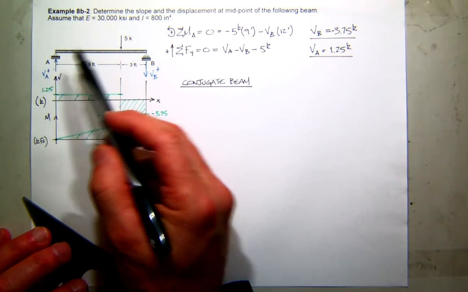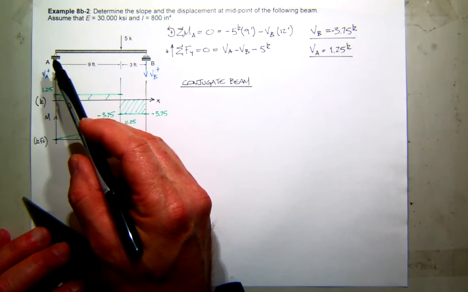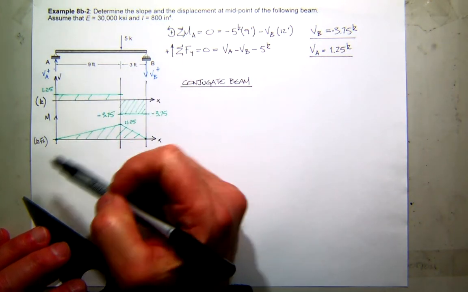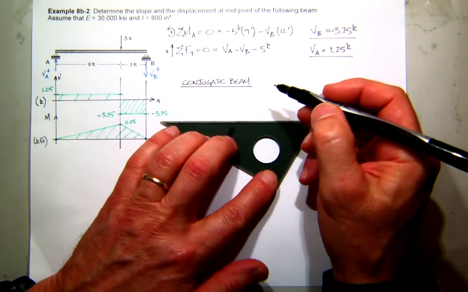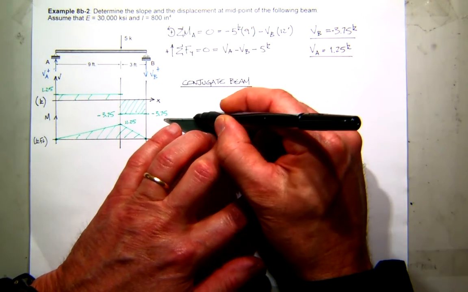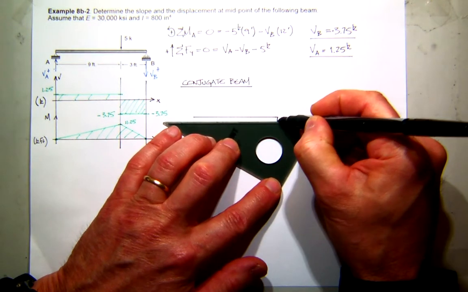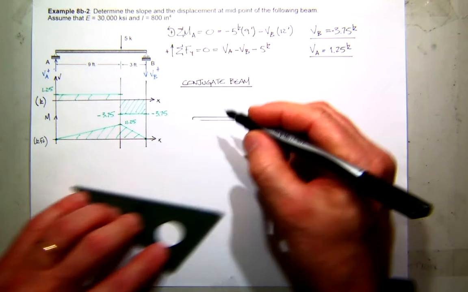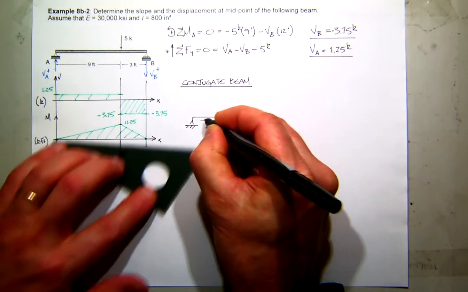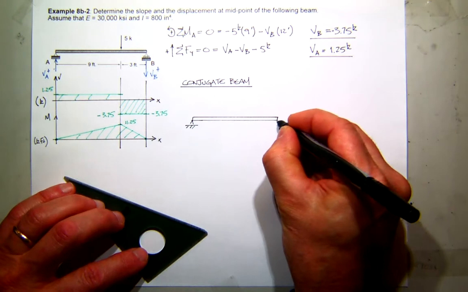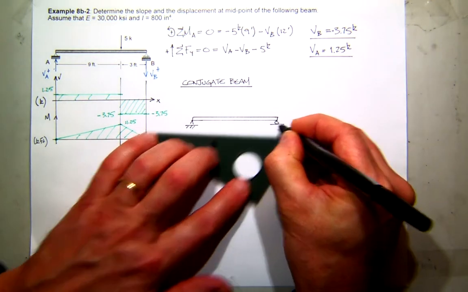We have 2 external supports. One's a pin, one's a roller. Well, in conjugate space, they don't change. So my conjugate beam is going to be the same thing. My pin is going to stay a pin, and my roller is going to stay a roller.